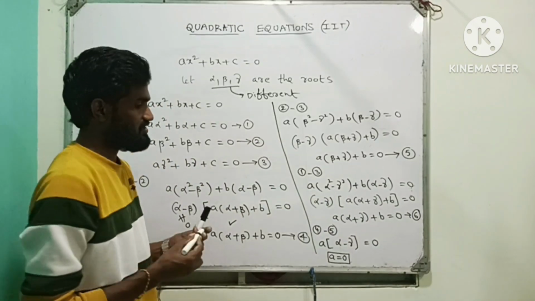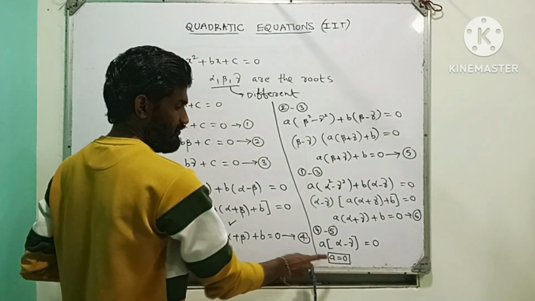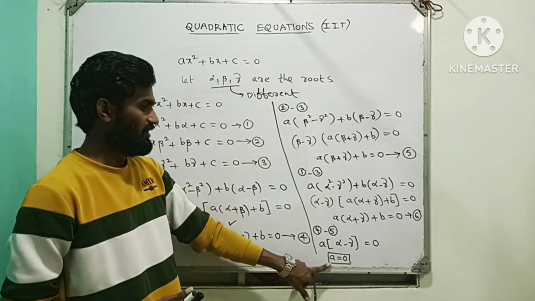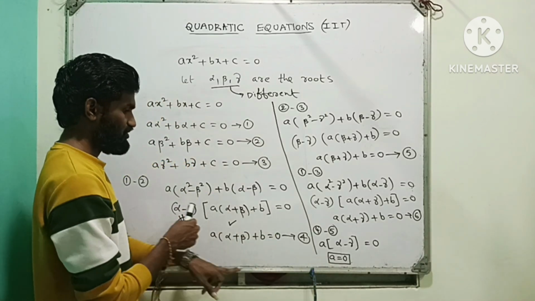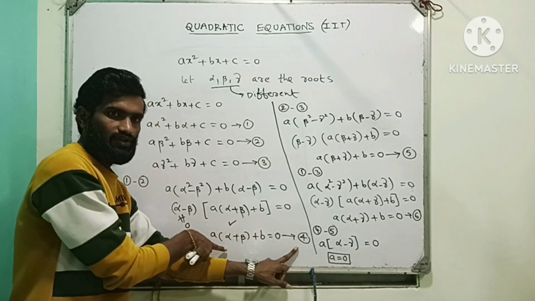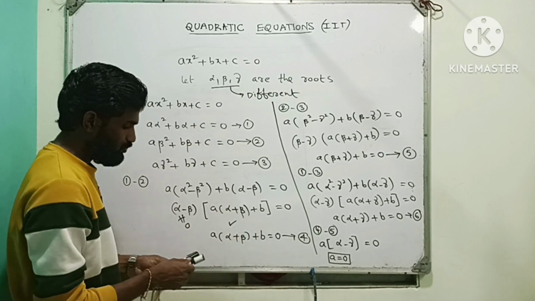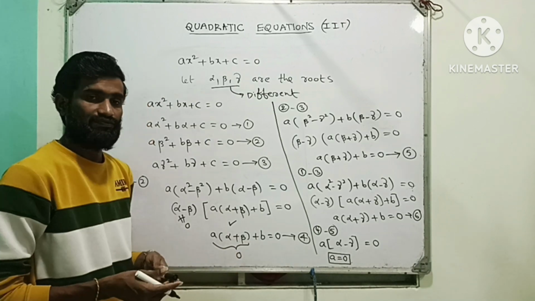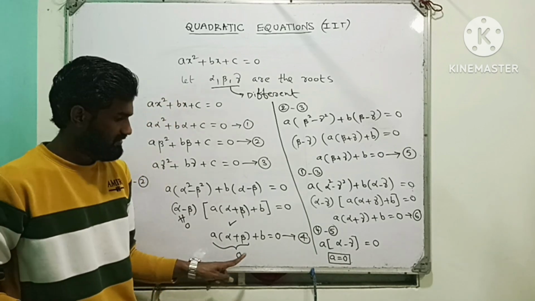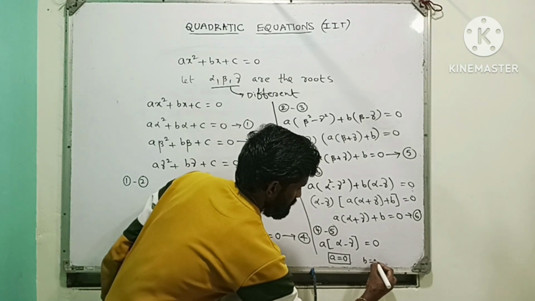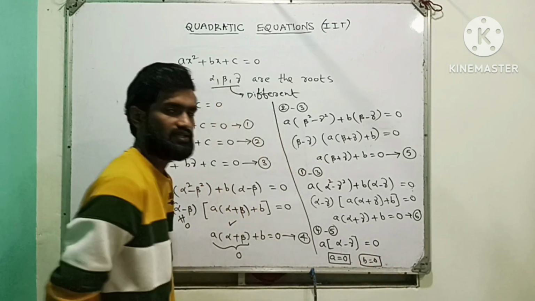Now just observe here, if a equals 0, substitute a equals 0 in equation number 4. What will happen? If a equals 0, this total term will become 0. If this total term becomes 0, then from this we will get b equals 0, right?